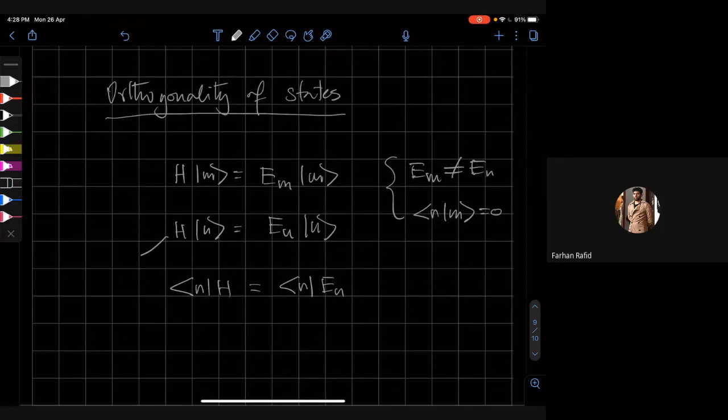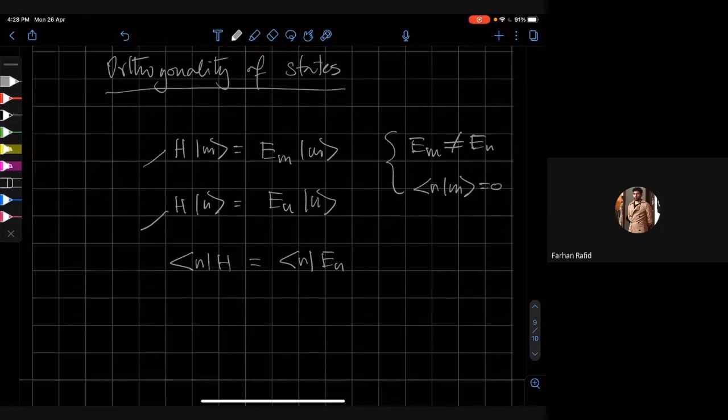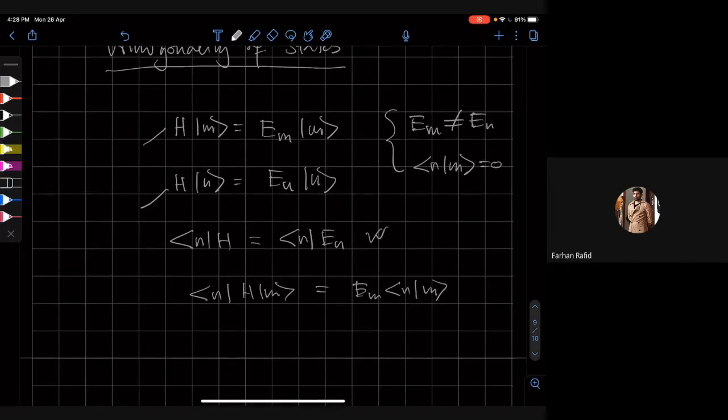So from the first equation, if I multiply from the left by n, I get n H of m, and from the right-hand side, I get Em times n of m. And from this last equation, I get n H, and I multiply it by m from the right, and then I get En times n of m.